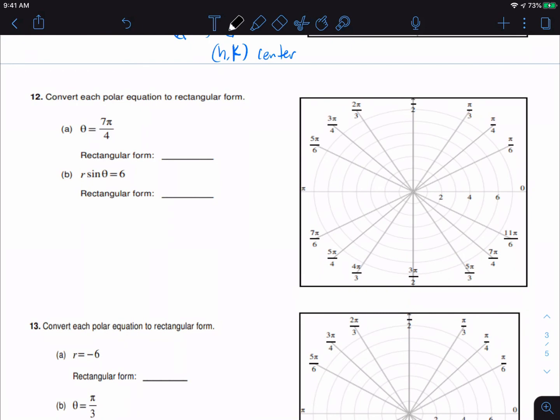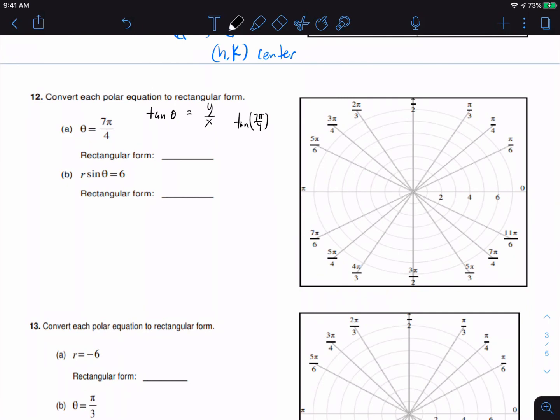So since we're given the angle, we need to use tangent, which is equal to y over x, right? Tangent is equal to y over x. So then, if we have that, what is tangent of 7 pi over 4?